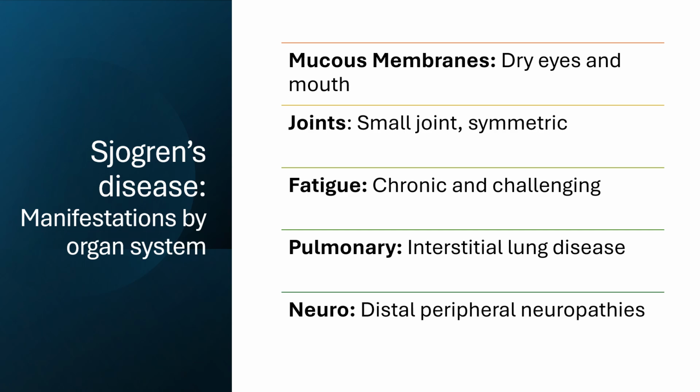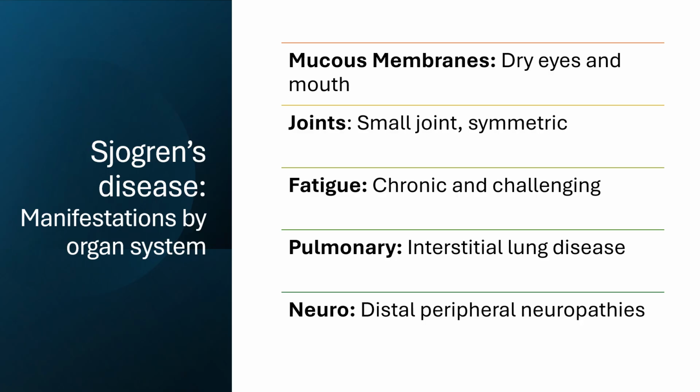Unfortunately, we have very little that helps with this manifestation, and the exact etiology for the fatigue in Sjogren's disease is not clear to me. It can be quite a challenge. Sometimes DMARDs help, but not always. But again, a common manifestation of Sjogren's.